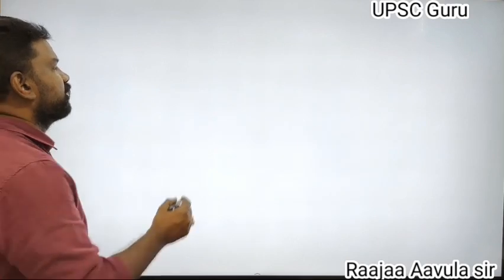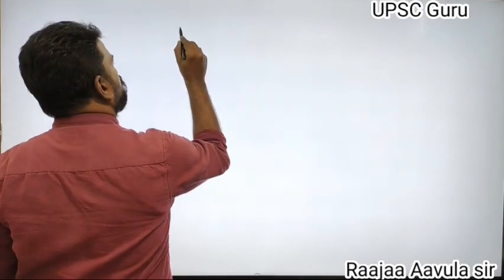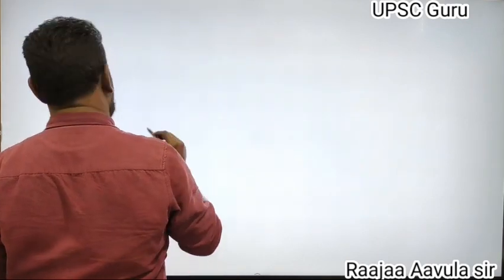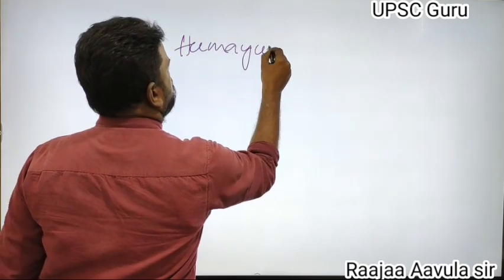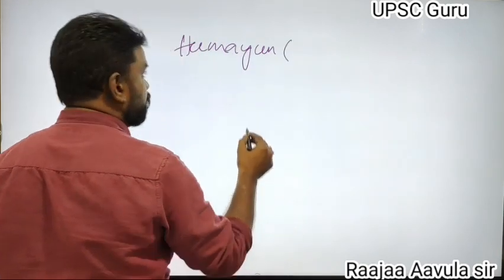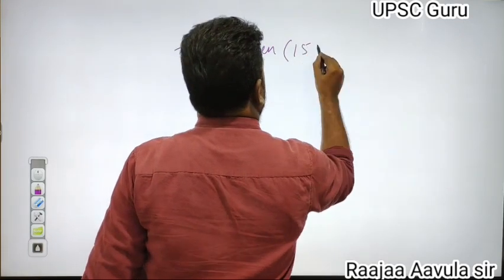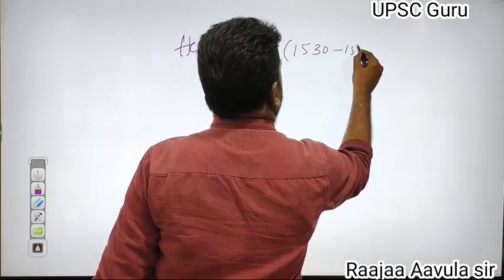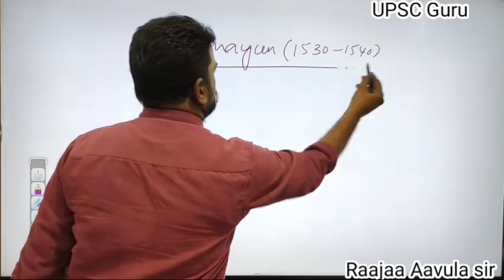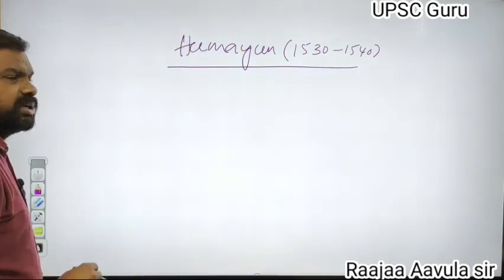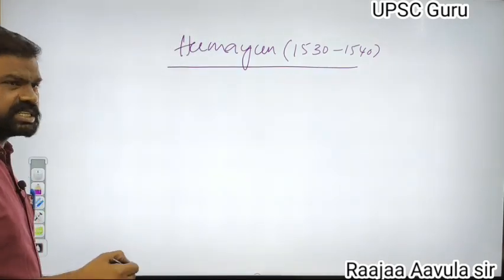After Babur, next coming to the point of Humayun. In the first spell, Humayun ruled from 1530 to 1540. In this period, Humayun concentrated on the reconciliation and extension of the empire.